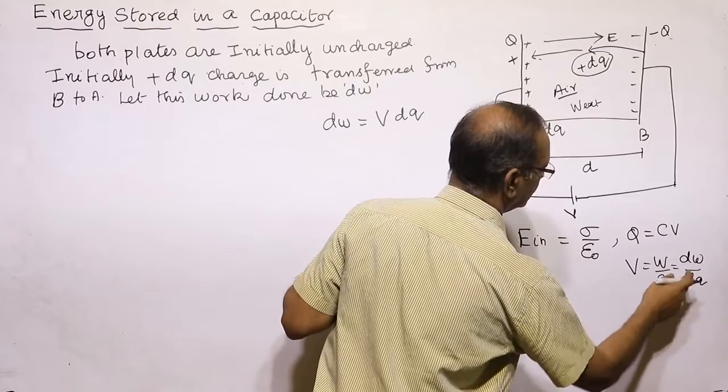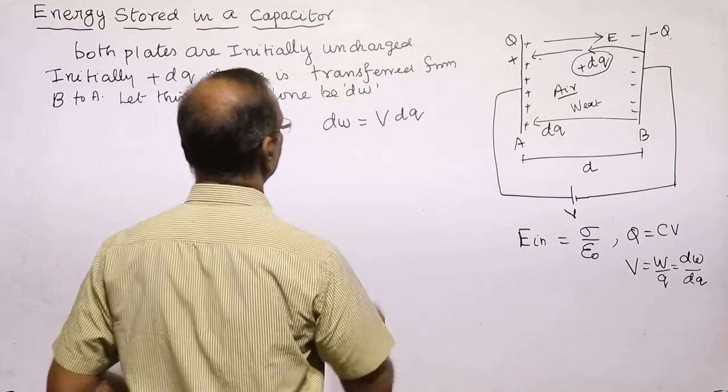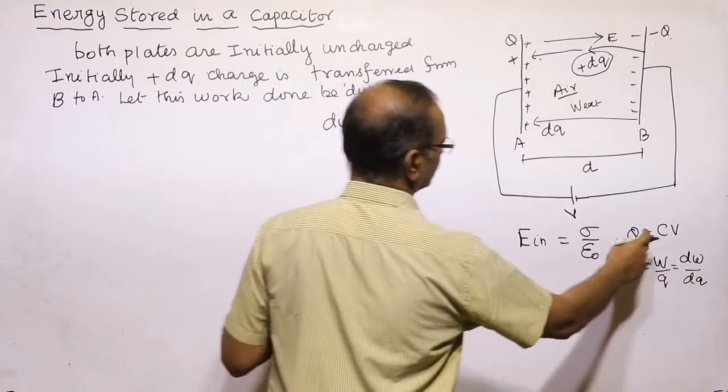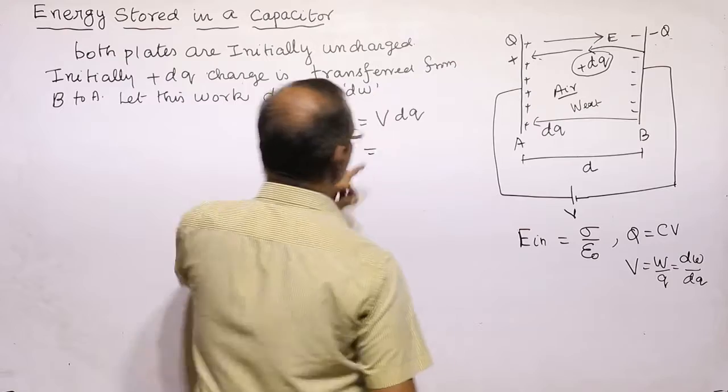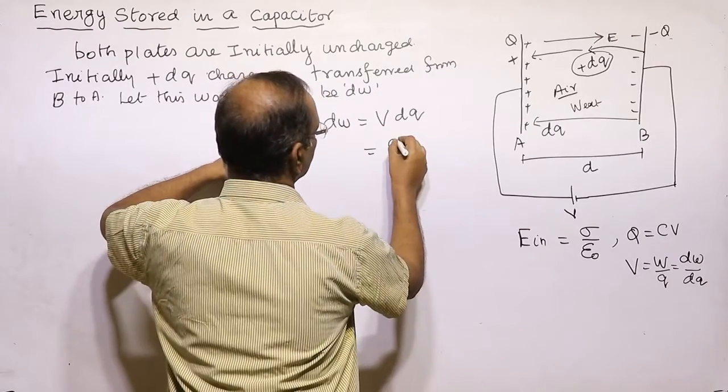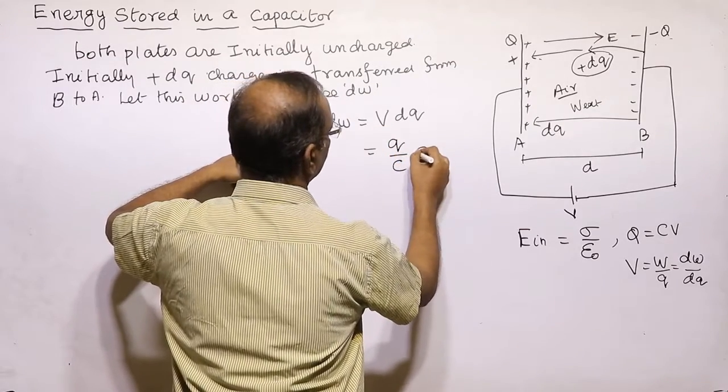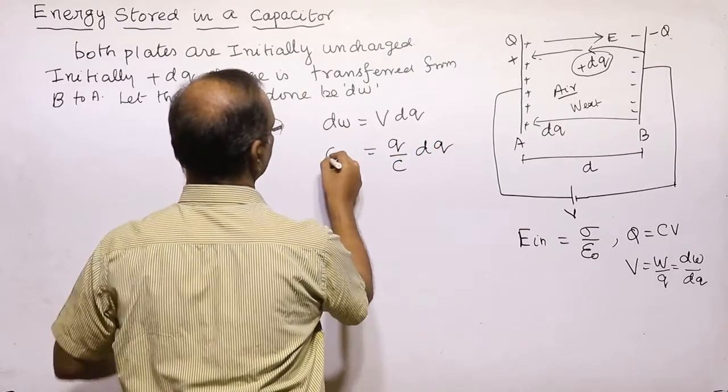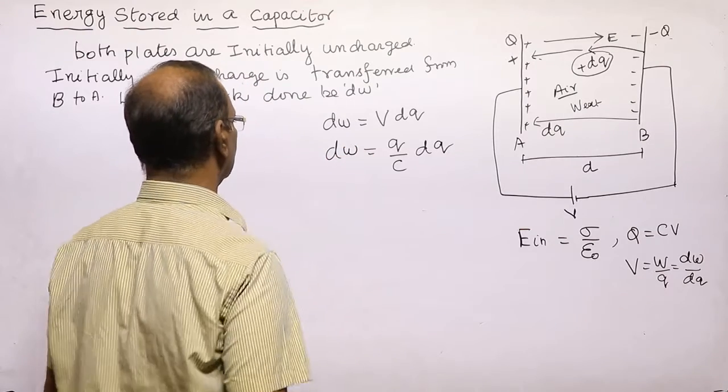And we know what V is: V is equal to Q by C. So dW is equal to Q by C into dq. This is the small amount of work done.